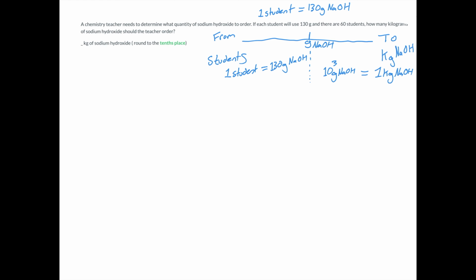So, now that I've got my conversion information, I can solve my problem. How many students? Well, it was 60 that I was trying to convert from. Which means what needs to go on the bottom? Students. What conversion factor has students in it? Well, this one. So one student goes on the bottom. 130 grams of NaOH goes on top.